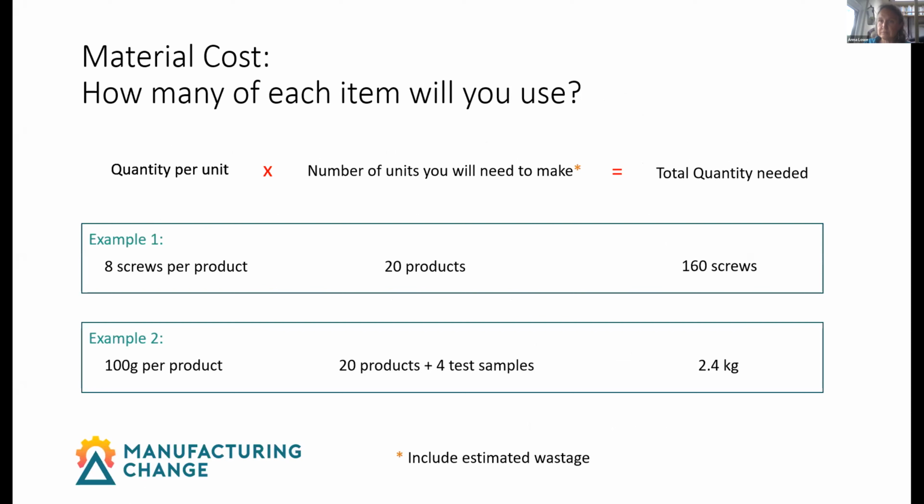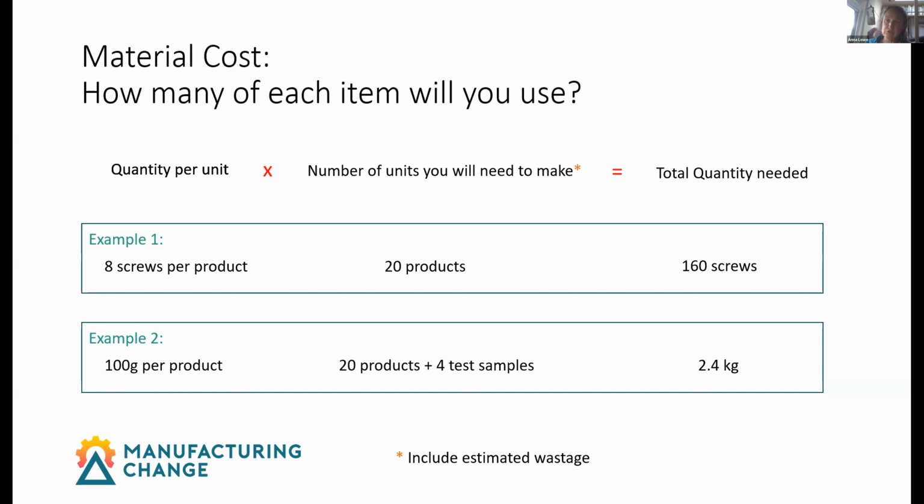But you also need to remember to account for wastage. So if, for example, we just talked about 3D printing products, if you're 3D printing something that needs 100 grams of filament per product, you're going to make 20 products, but you're also going to need to make, let's say you estimate 4 samples before you get to the first good one to make sure you've got all your settings right and things like that.